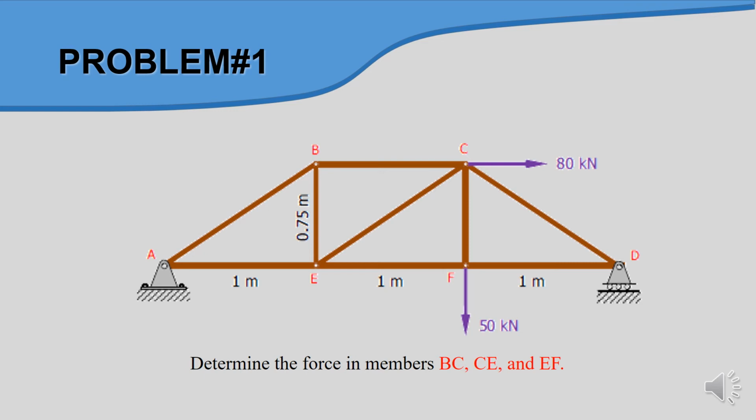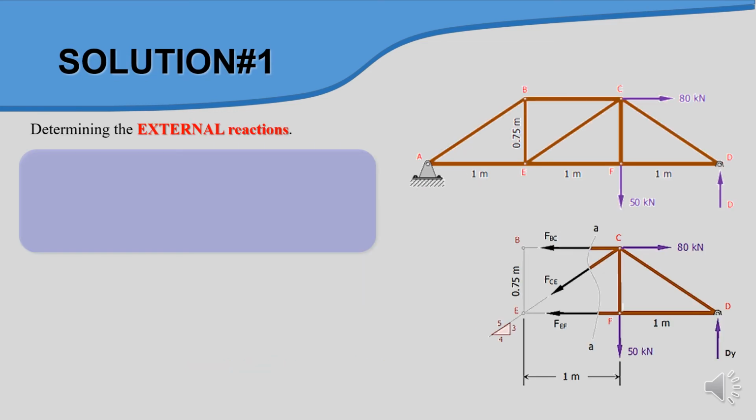In the case of this question, we just cut in half through the members BC, CE, and EF. What we need to do is determine the external reaction by using the moment at point A.